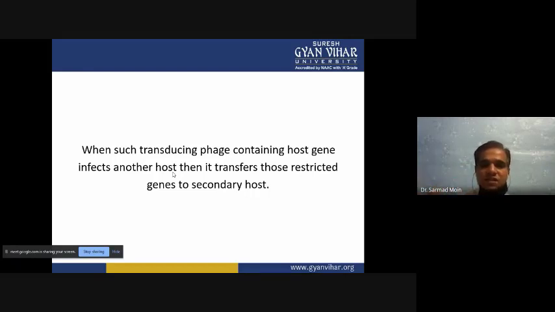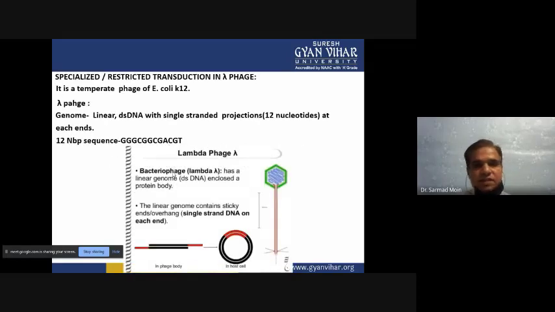After the lysis of the bacterial plasma membrane, these newly synthesized bacteriophages can transfer those two genes to the other bacteria they infect. So the new bacteria can have new genes that were part of the old, degraded bacteria. The dead bacteria's genes are transferred using this new bacteriophage.